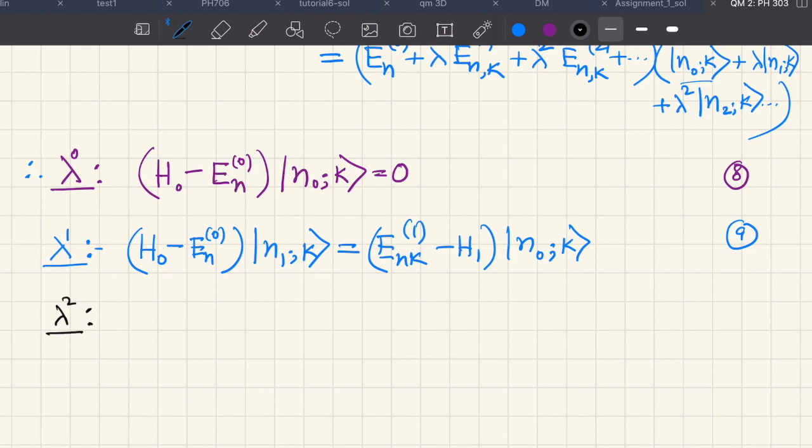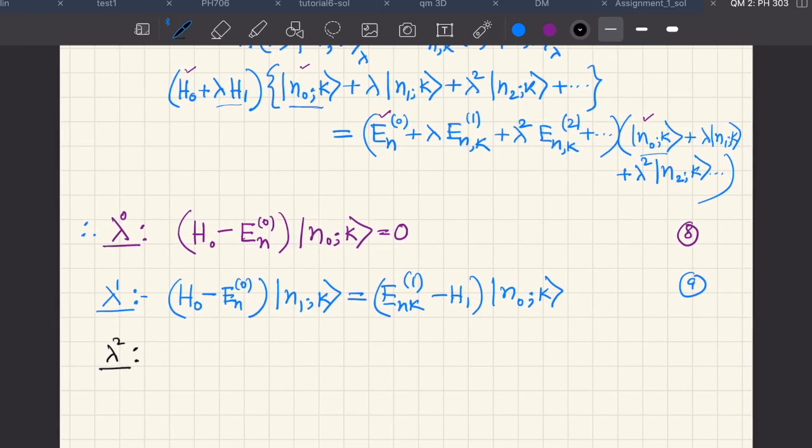then if we look at it carefully, h naught acting on n2k is one lambda square order term, and then en naught into n2k, we can take this on the left hand side.